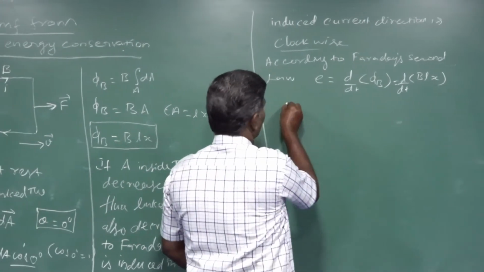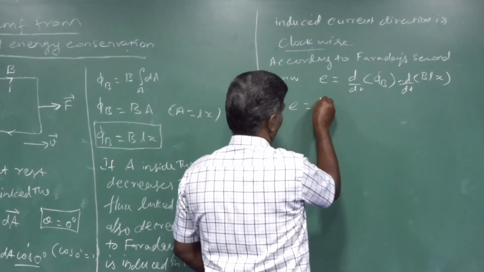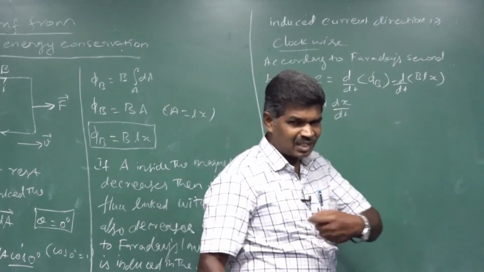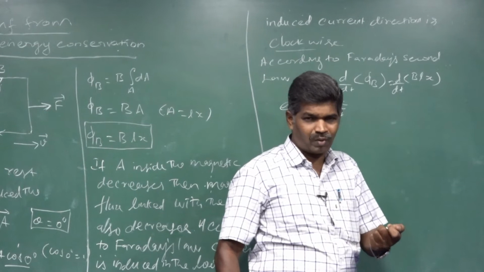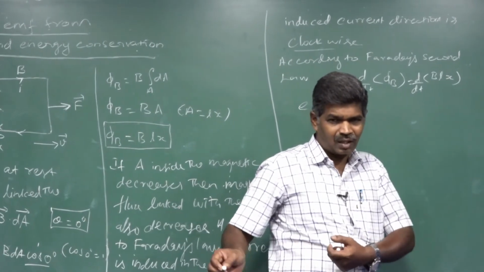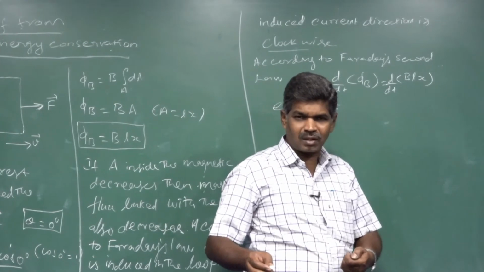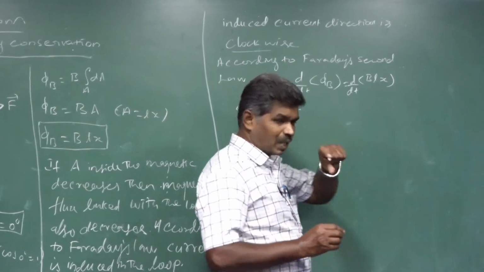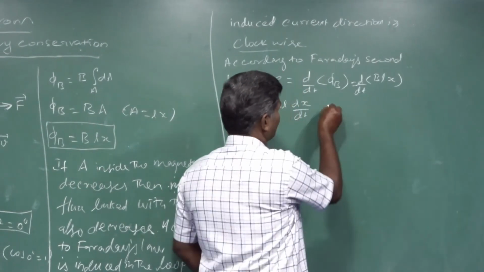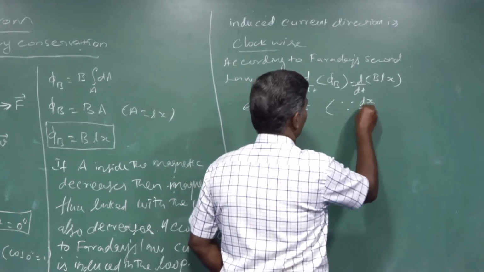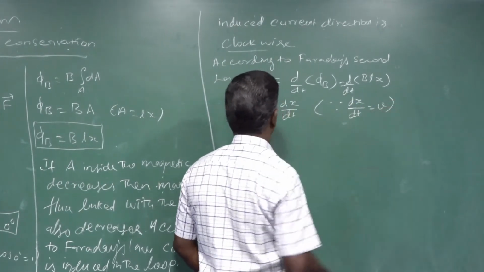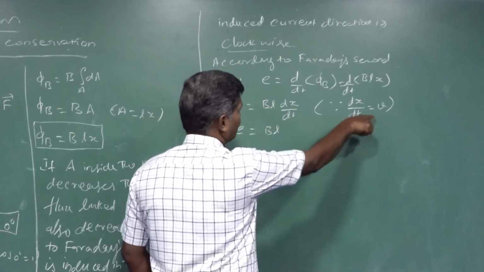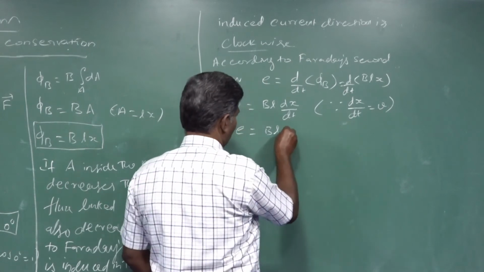That's why E is equal to B L dx by dt, where dx is the distance moved out in a time dt. So the displacement of that loop is dx in a time dt. We know that displacement divided by time is nothing but velocity. That's why dx by dt is equal to v. So E is equal to B L v.